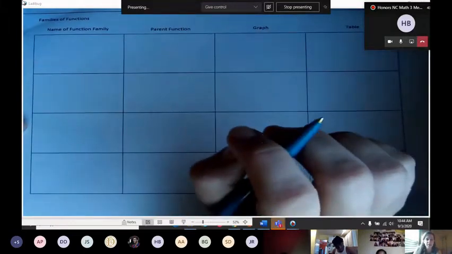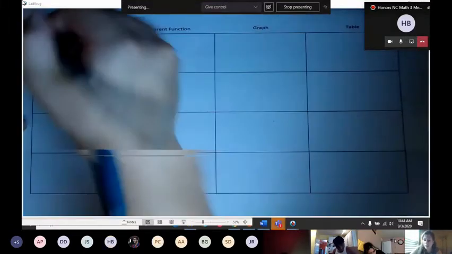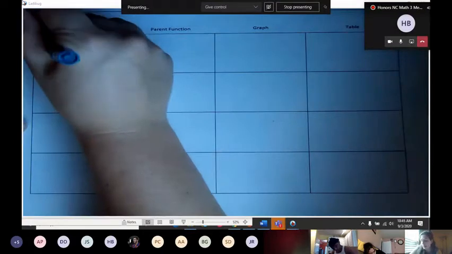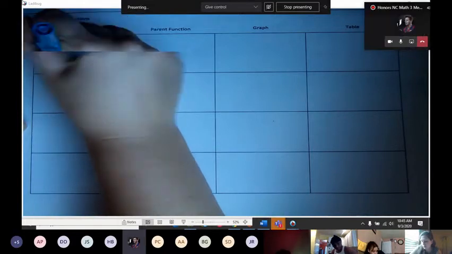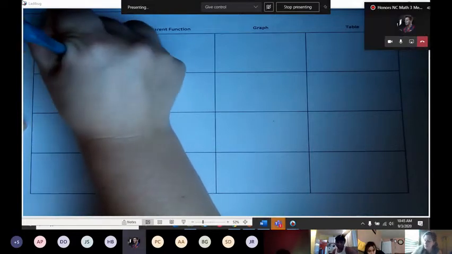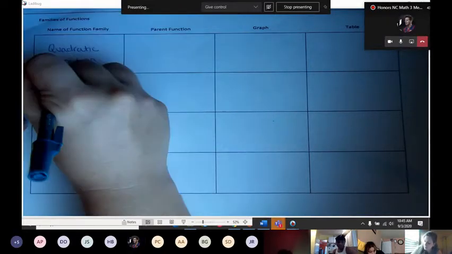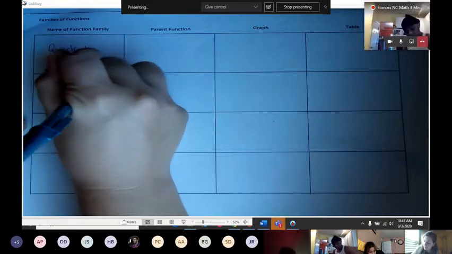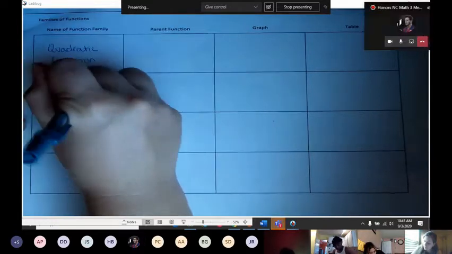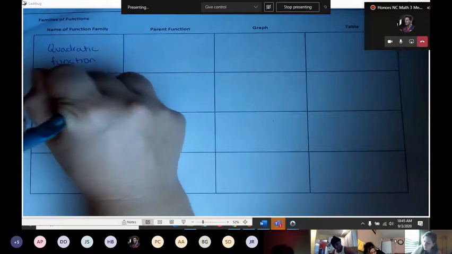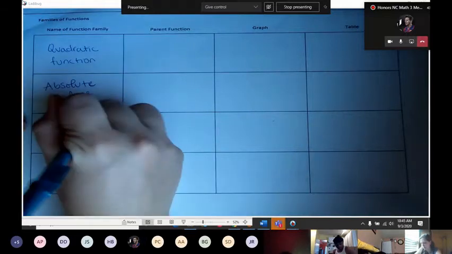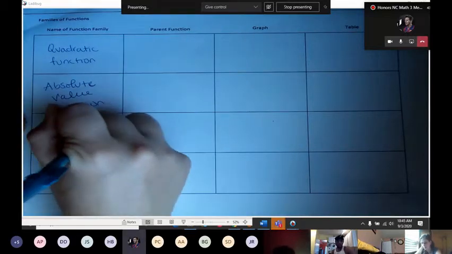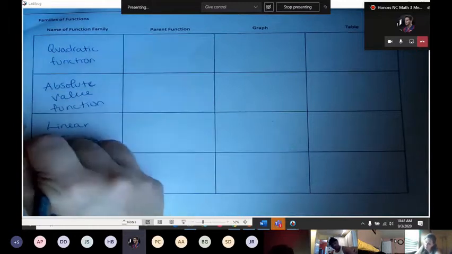The function families that we care about the most are going to be quadratic, absolute value, then linear, and square roots.